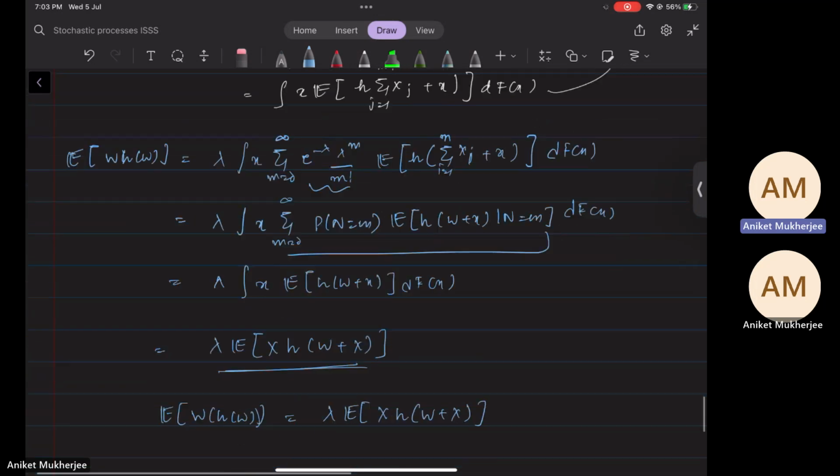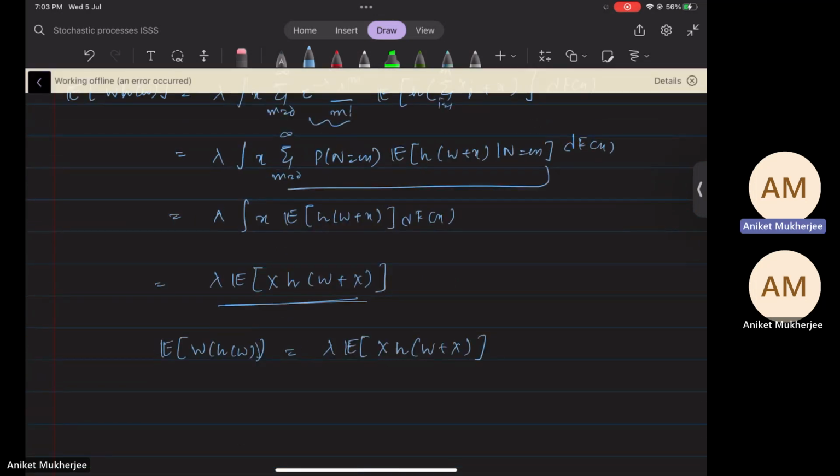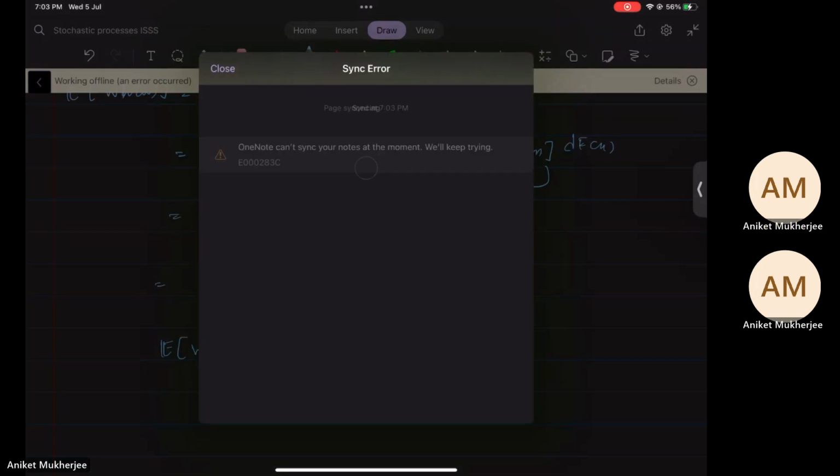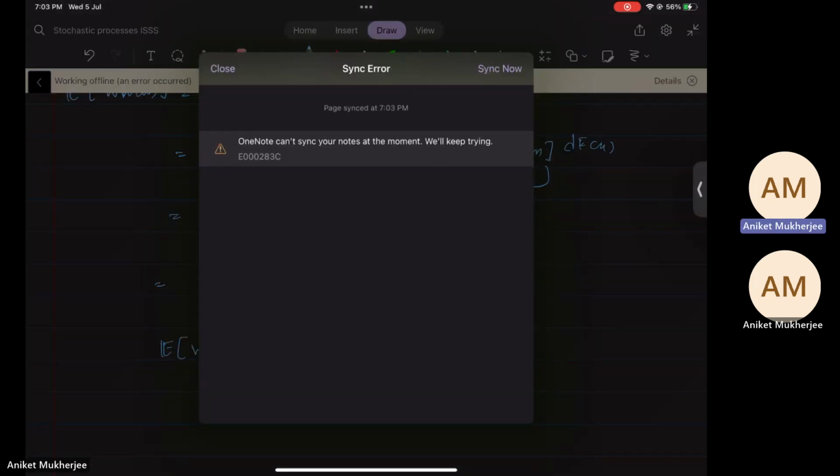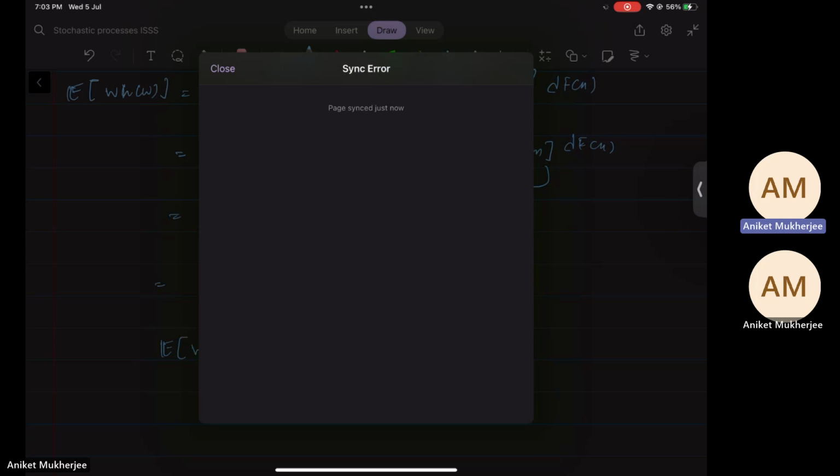From this identity, you can actually calculate all the moments of the random variable w. Because now, as you can see, if you substitute h w is equal to 1 everywhere for all values of w, the function h, then you see that expectation of w is equal to lambda into expectation of x.